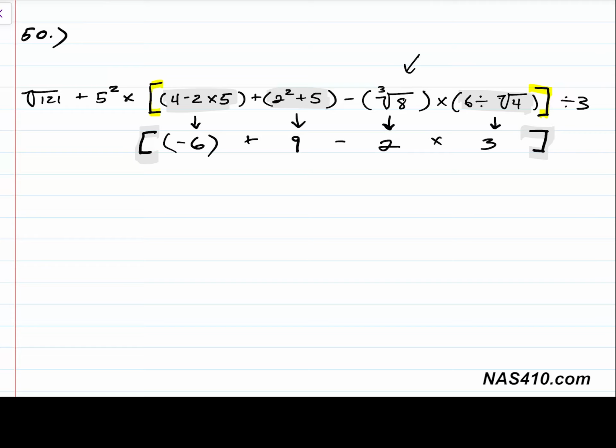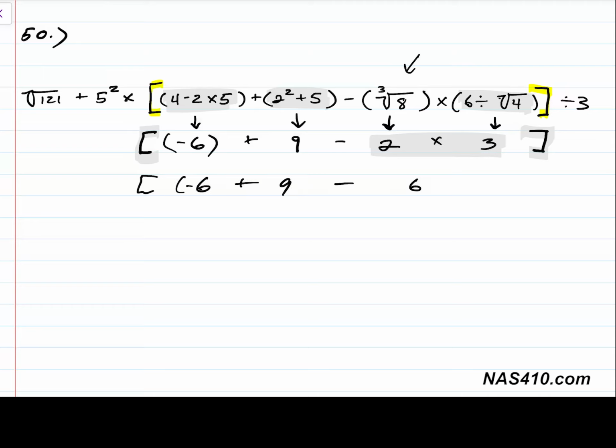For multiplication and division, I have one multiplication operation, right here. So 2 times 3 is 6. And so I've got my bracket here with -6 plus 9 minus 6.